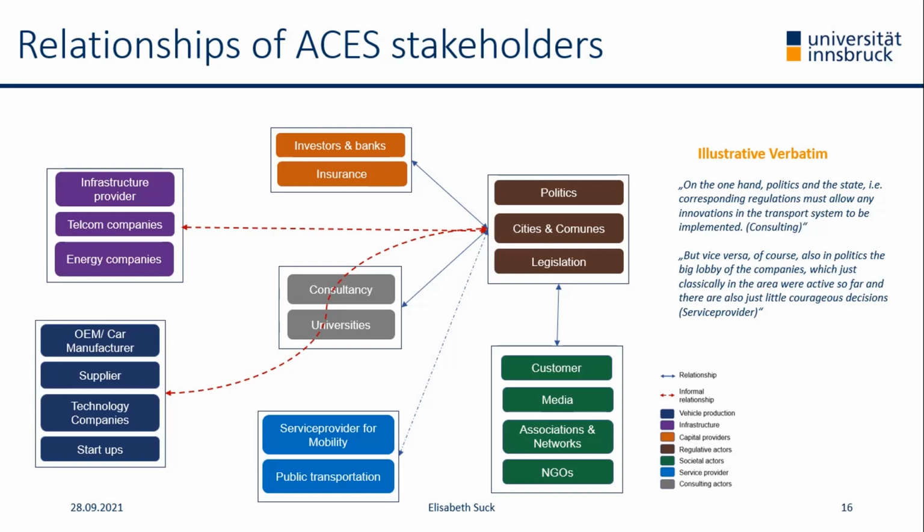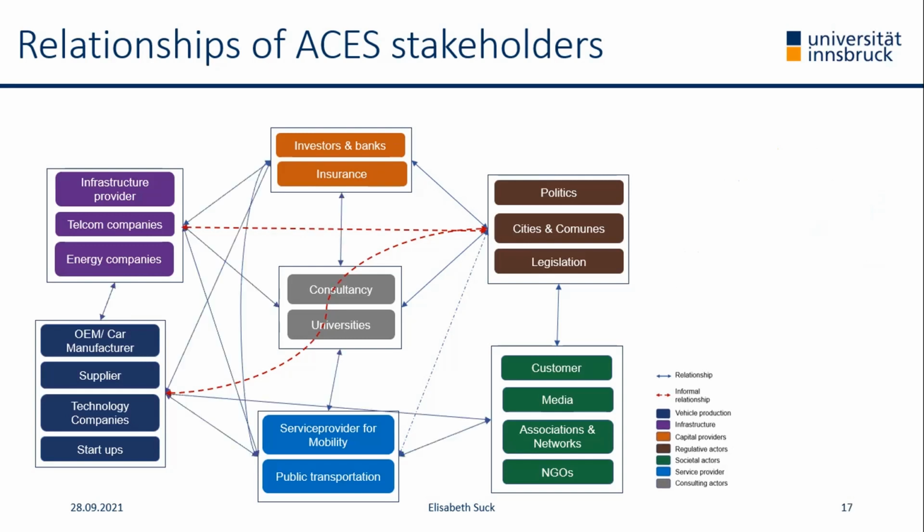To summarize this whole relationship network, as you can see here, we have many complex relationships. On the one hand, we have the rather active stakeholder groups, such as the infrastructure providing actors, the technology producing actors, the service providing actors, and the regulative actors.